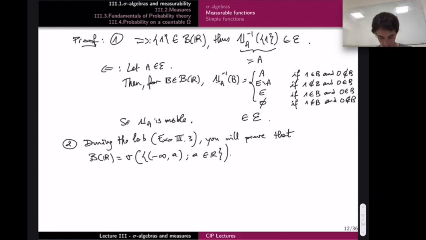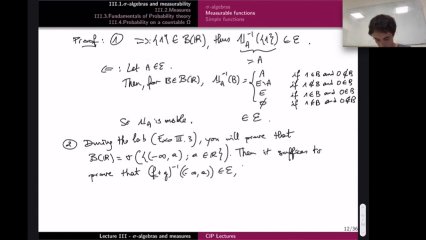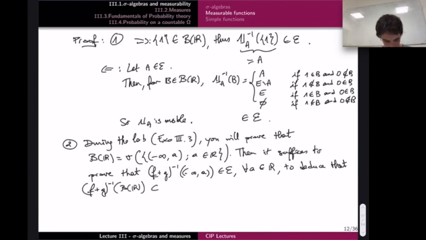Like I said, I will write what I just said. Then it suffices to prove that (f+g)^{-1} of the interval (-infinity, a) is in E for all a in R, to deduce that (f+g)^{-1} of B(R) is included in E. This is proposition 3.1.6.